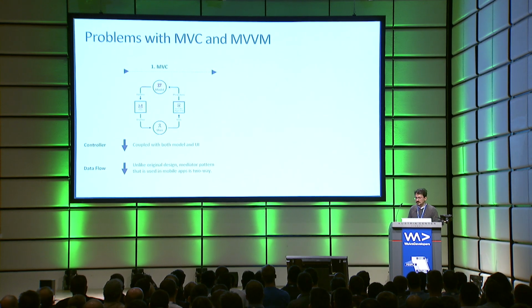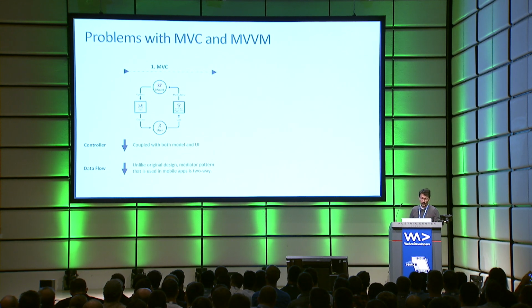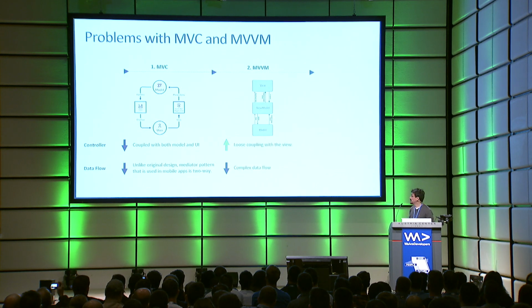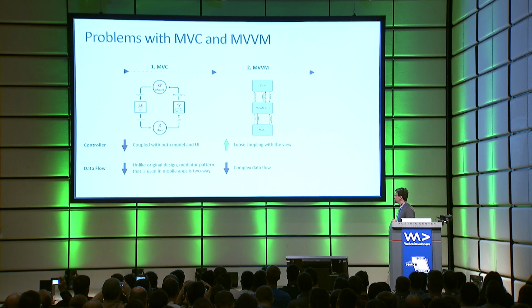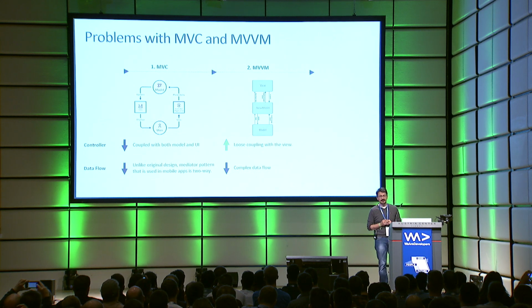So, problems with MVC and MVVM. As we said already, MVC has a strongly coupled model and UI to the controller. And the data flow, unlike the original design, is two-way. In MVVM, we decrease the coupling between the view and view model. However, we still have a complex data flow.